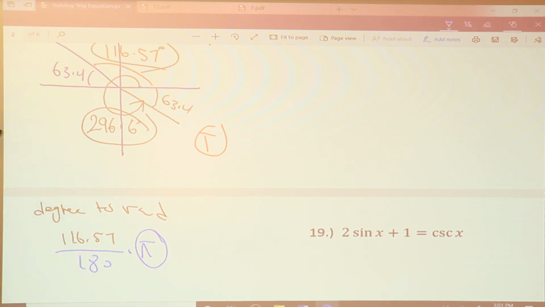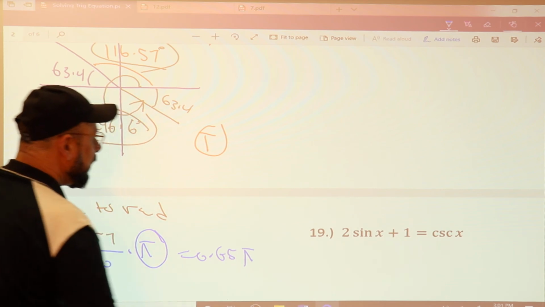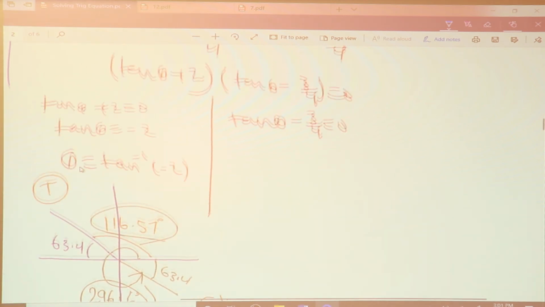Leave the pi. 116.57 divided by 180 is about 0.65 pi. Okay, we're done with the first part of this solution.